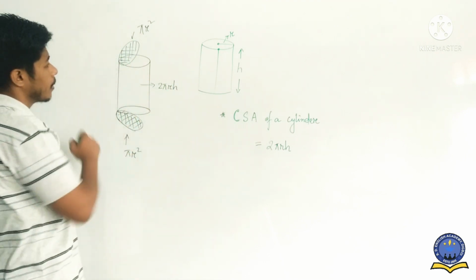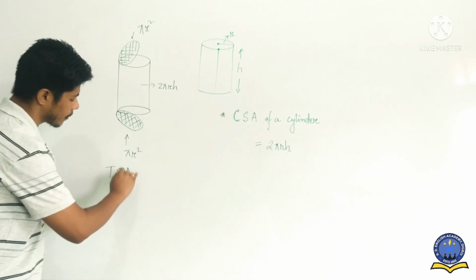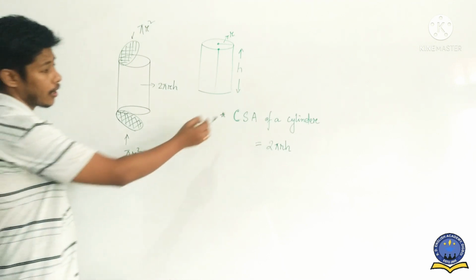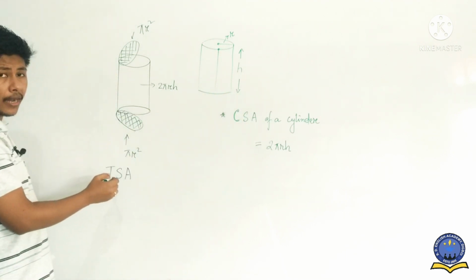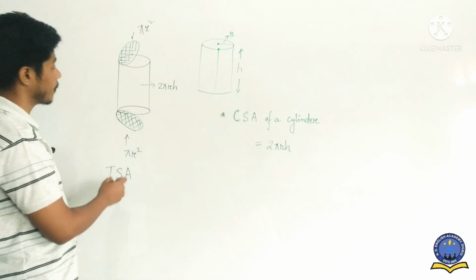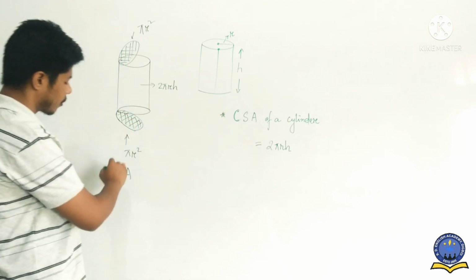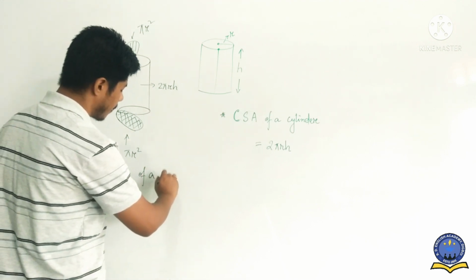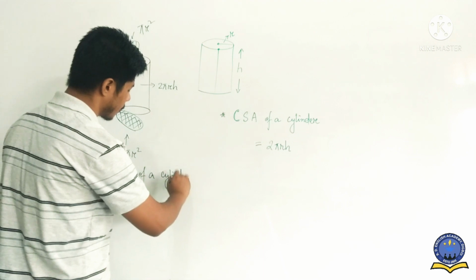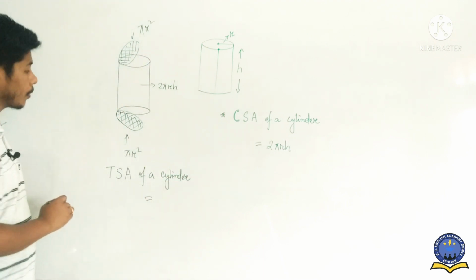That means when anyone asks you to find the total surface area, you see the difference between curved surface area, where the top and the bottom are open, and total surface area, where the top and the bottom are closed. So if we write the total surface area of a cylinder, what do we have to write?